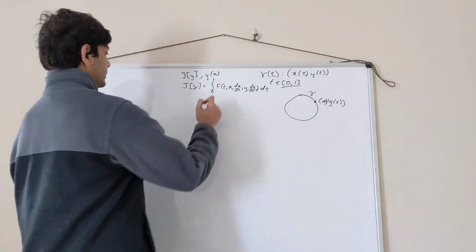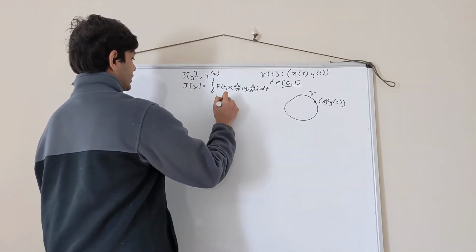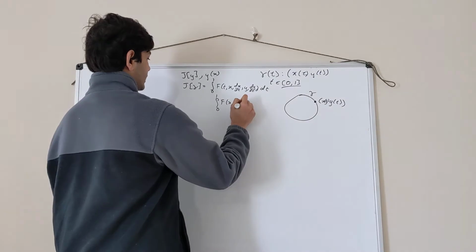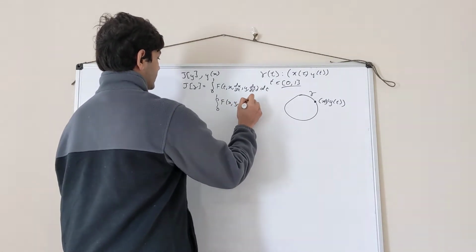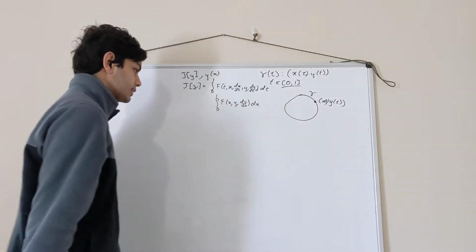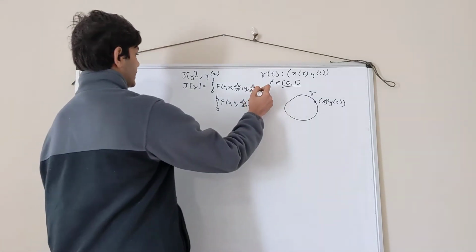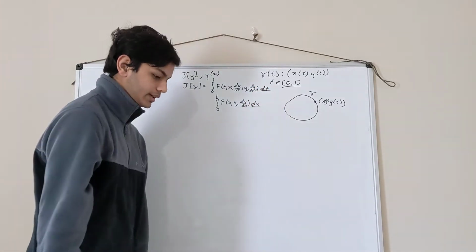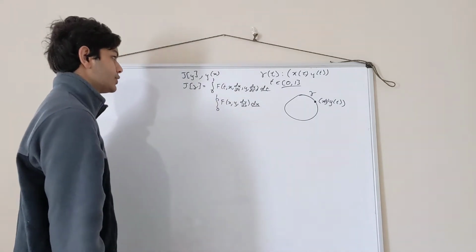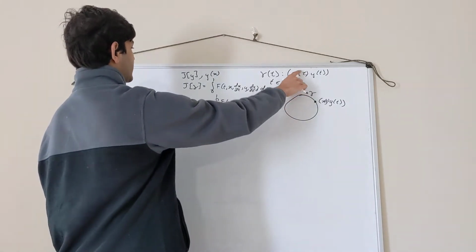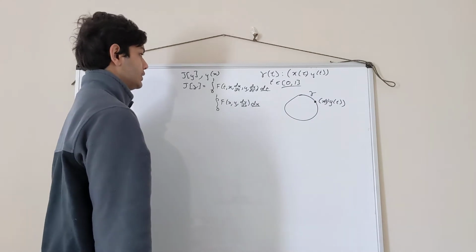This is similar to what we had before, where we had the integral from 0 to 1 of f of x, y, dy/dx, integrated with respect to x. But the difference is now we're using t as our independent variable instead of x. Hopefully that doesn't cause any confusion, but now x is a dependent variable which depends on the time t.